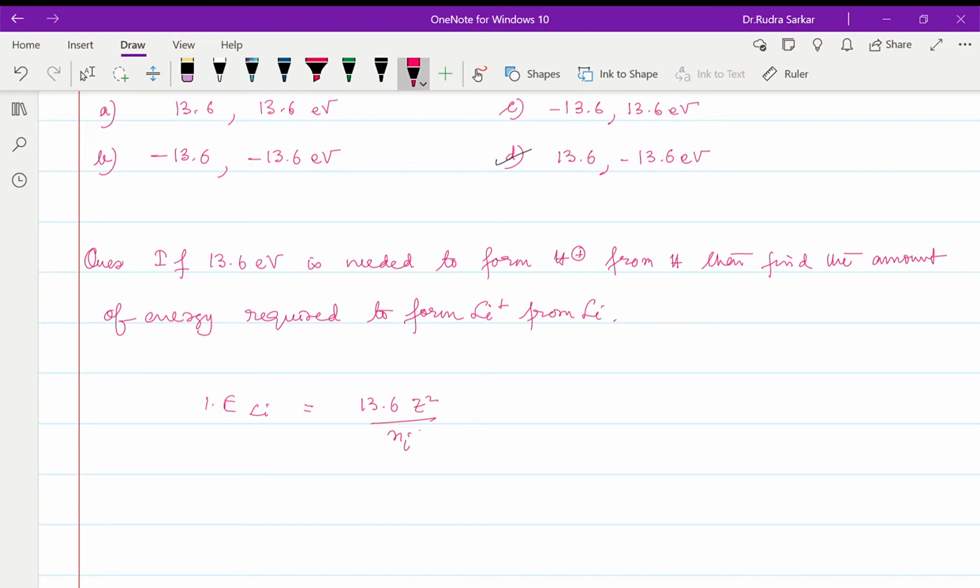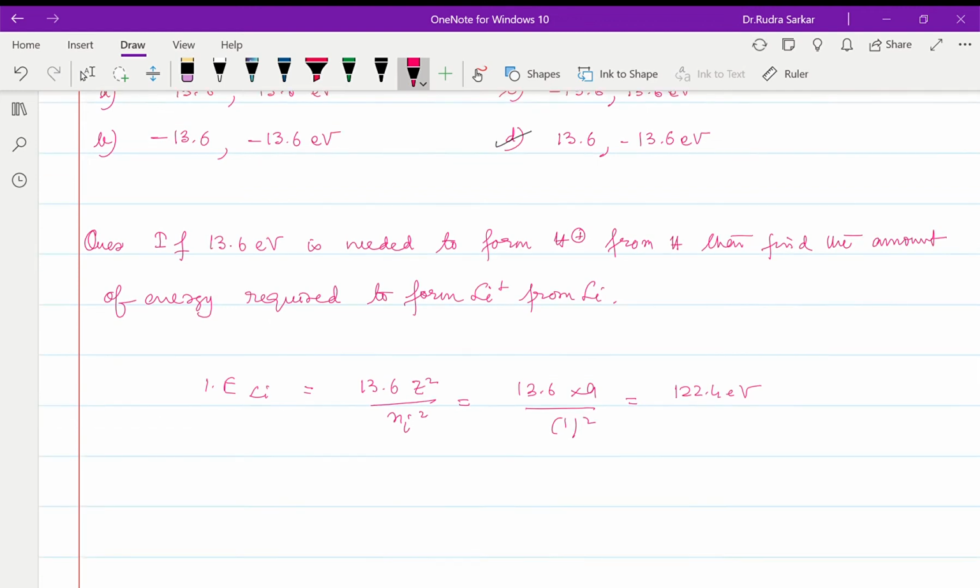Z is 3 and n is 1. So 13.6 into 9, and this is obviously 1 square. Okay? A very simple sum. So it came as 122.4 eV.